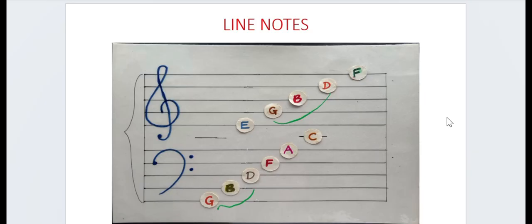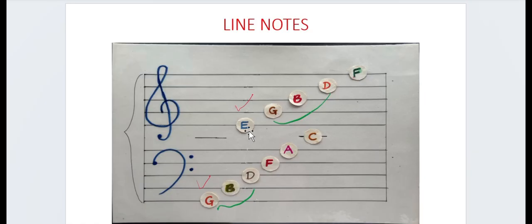But it will help if you also remember the lowest line note is G in the bass, and E in the treble. If you remember the lowest note in each stave, and you need to find a note in the treble, such as this D, you don't need to read all the way from G in the bass.